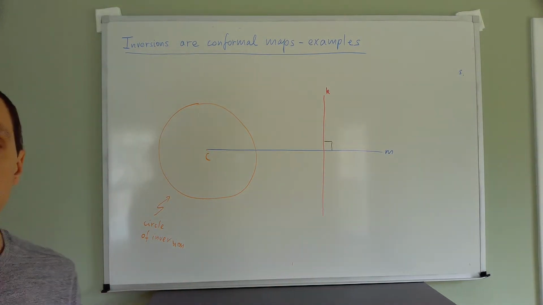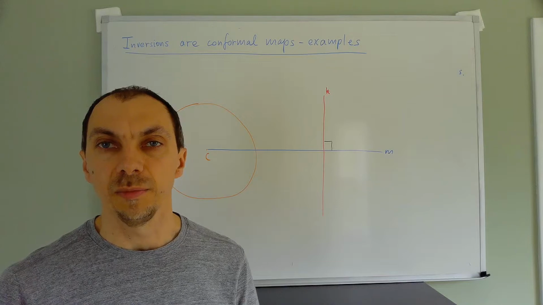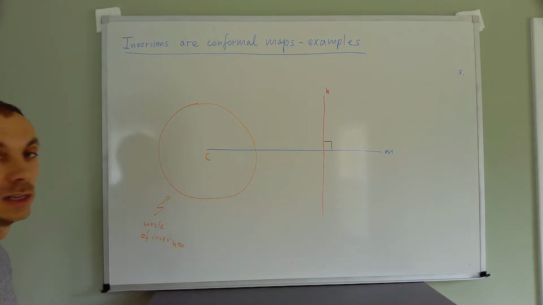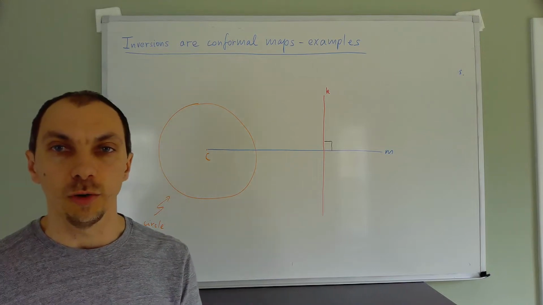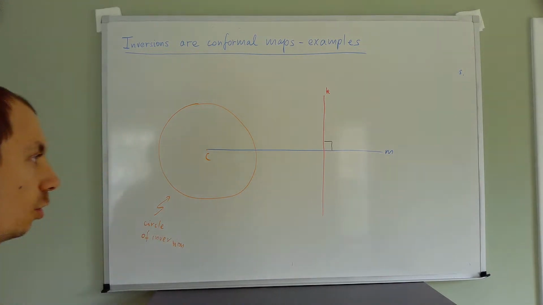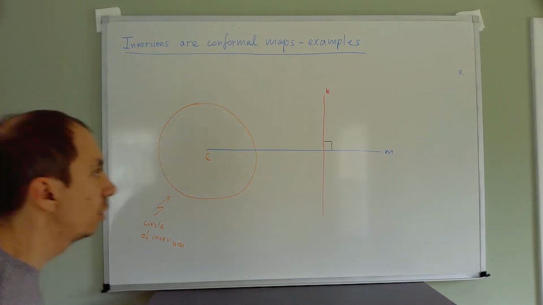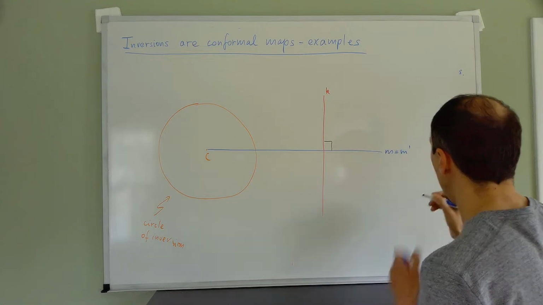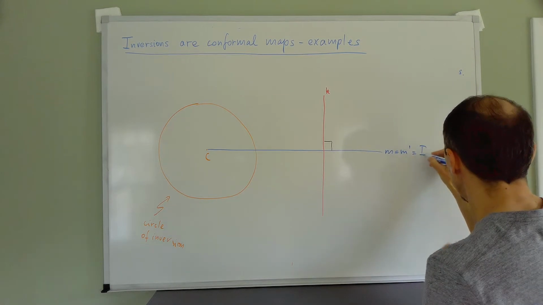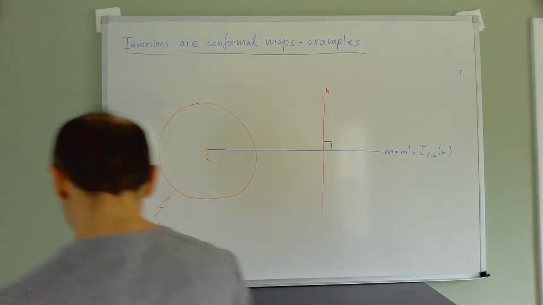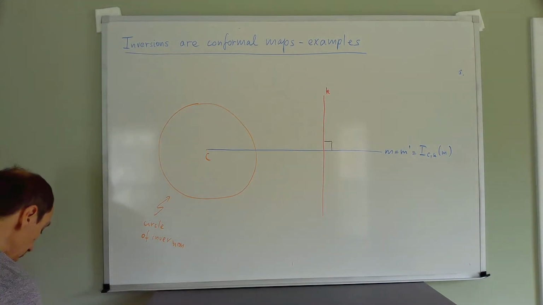So what happens to these lines when you apply inversion to them? First of all, the line M, because it goes through the center of inversion, is mapped to itself. So the line M is equal to M prime, and that's just the inversion I_K of M. Here K is, of course, the radius.